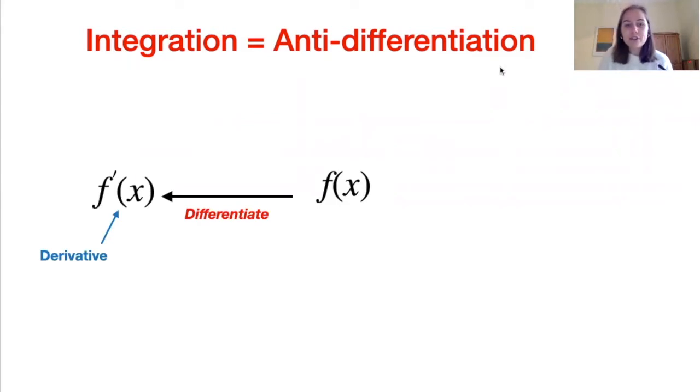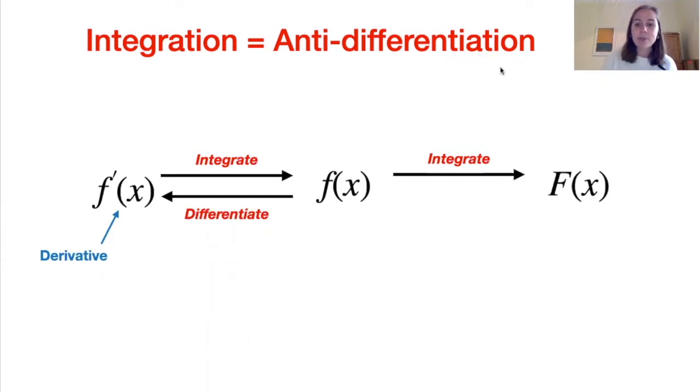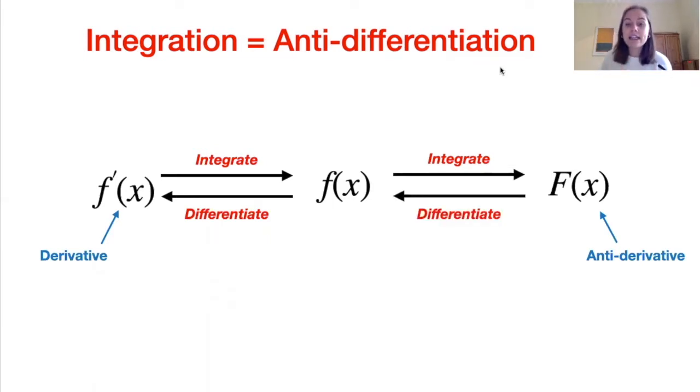Now, integration is essentially going the opposite way to differentiation. So if we integrate our derivative, we get back to our function f of x. Similarly, if we integrate our function f of x, we get this function capital F of x, which we call the antiderivative, because again, integration is the opposite of differentiation. That's really what we have to keep in mind here.